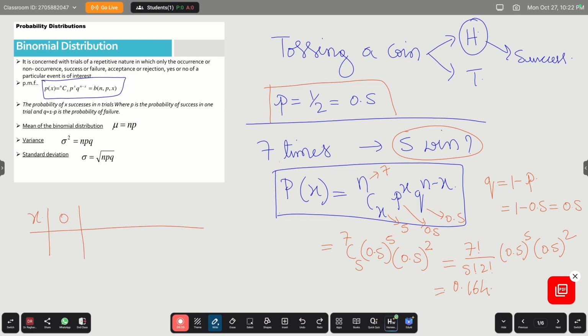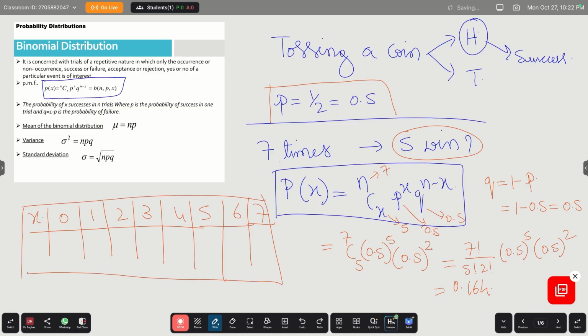If you consider x as the number of successes, you may have 0, 1, 2, 3, 4, 5, 6, 7. And you can calculate all these probabilities by giving different values for x in the PMF. So for example, for 5 successes we have already calculated it. It is 0.164. Suppose you want to know what is the probability that you will have 3 successes.